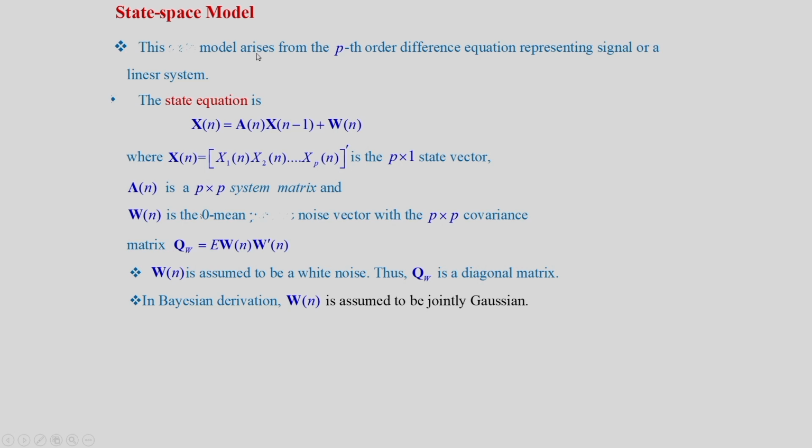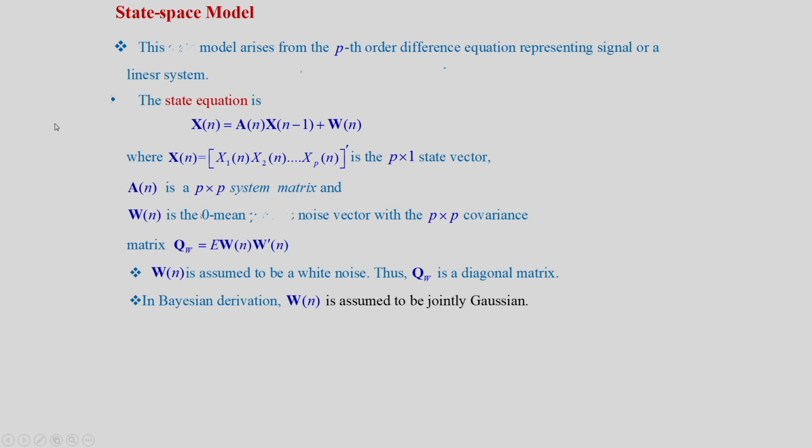This model arises from the pth order difference equation representing a signal or a linear system. For example, in the case of AR(p) model, we have a pth order difference equation. Similarly, a discrete time linear system can be described by a pth order difference equation.